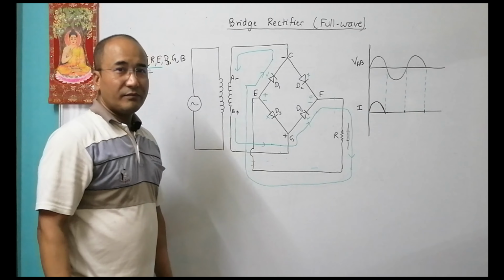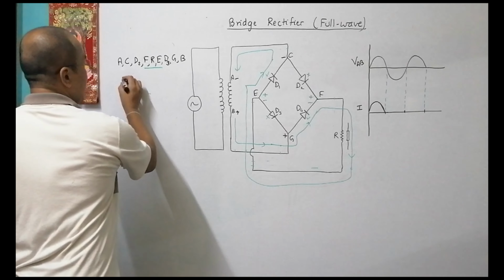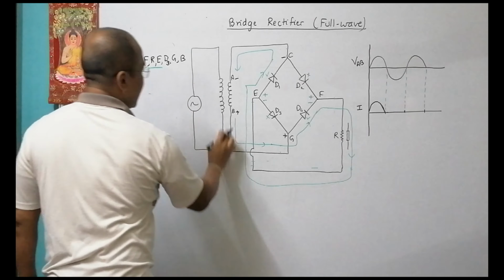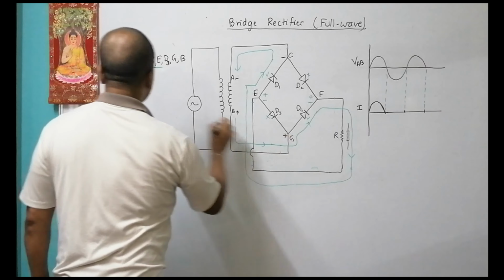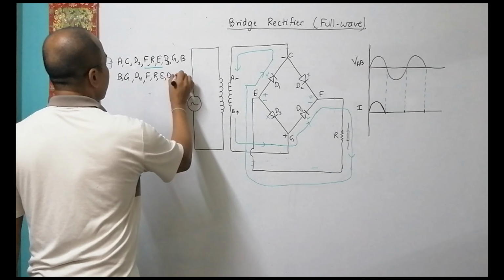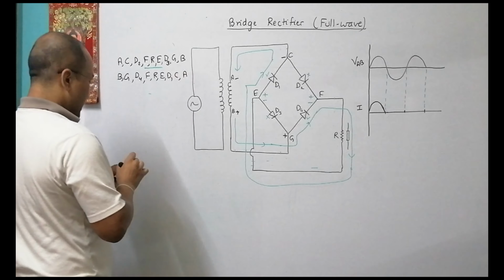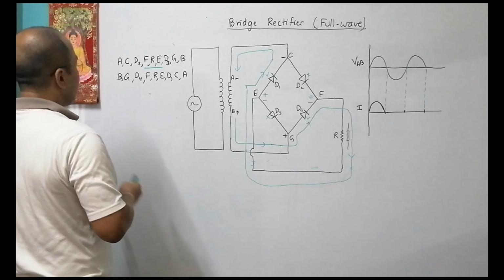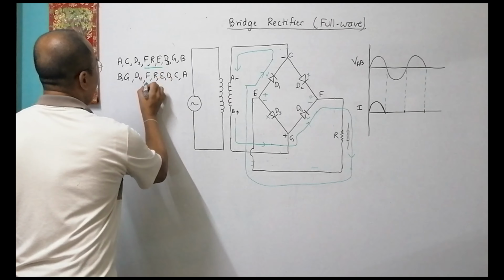So that's why if I look at it alphabetically, the pattern of the flow will be, so first it comes from B, then it goes to G, see reverse here, GB, now BG. So from G it goes to D4, then it goes to F, R, then E. After E it goes to D1, then to C, and then A. So if we look here, what happens is FRE.